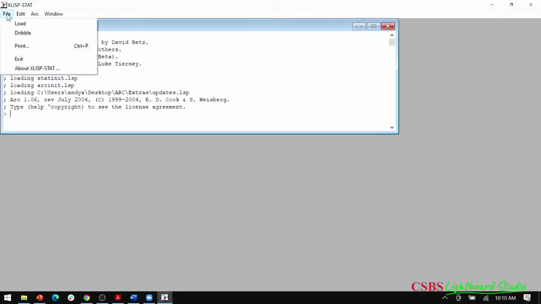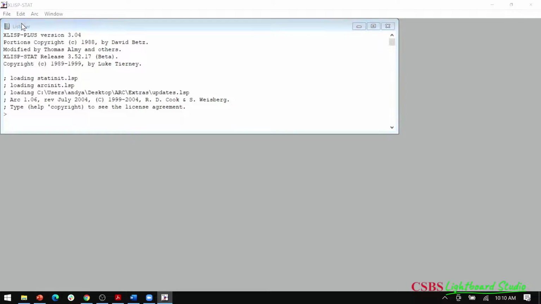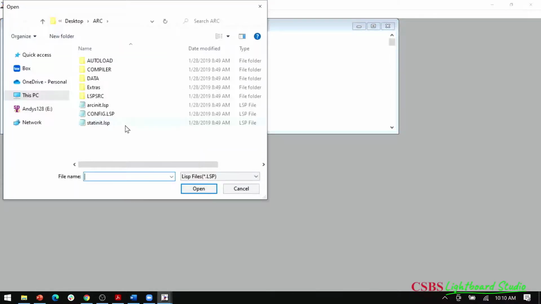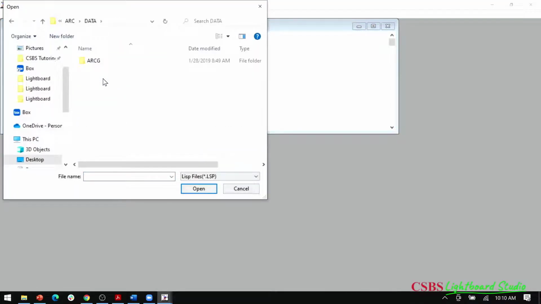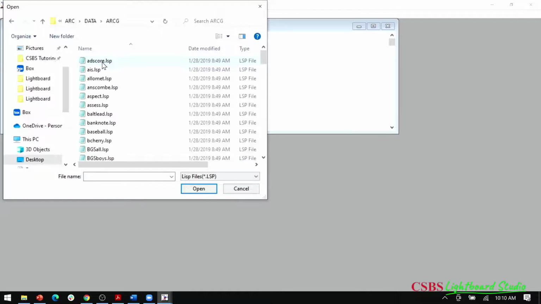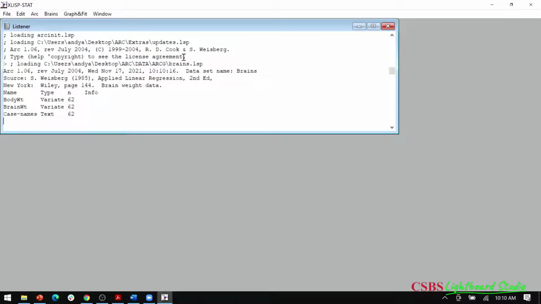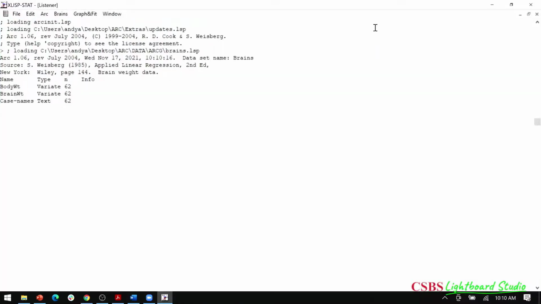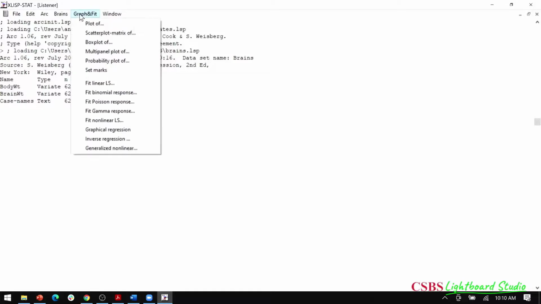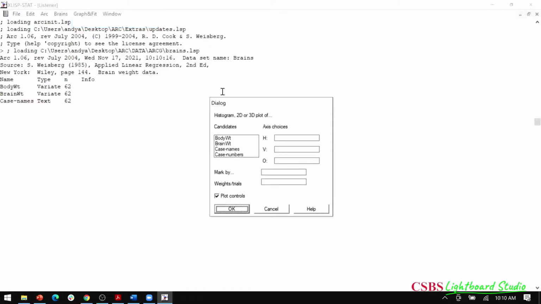So let's go in here. I'm going to load up a data file. The one we're looking for is brains. Okay, so there's brains. I'm going to do a plot of body weight to brain weight.